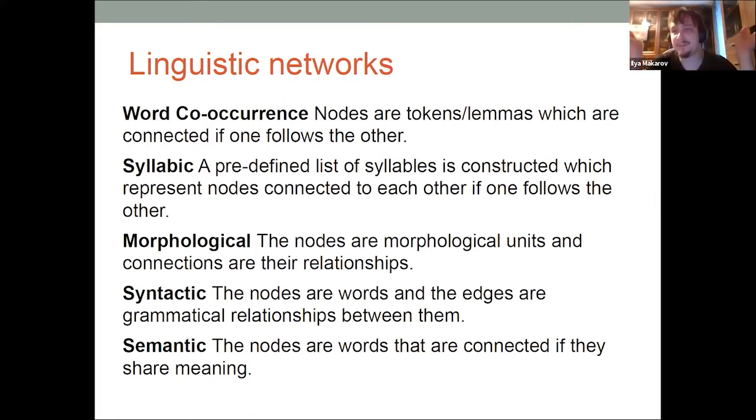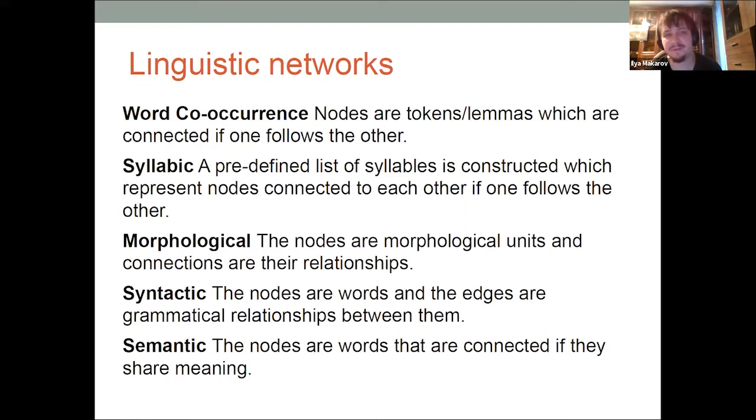We have some text, and we could extract a large corpus for each of these languages, for example, taking Wikipedia written in these languages. Then we could build different layer representations based on different linguistic networks. The first and simplest is to use bigrams to construct word co-occurrence networks, in which nodes are tokens or lemmas, connected if one directly follows the other in the sentence.